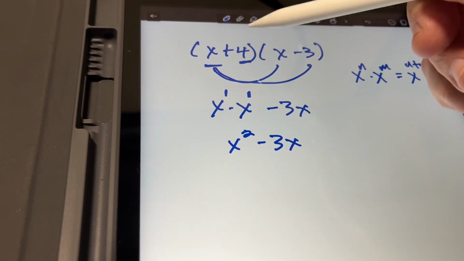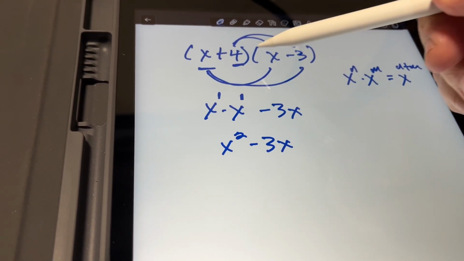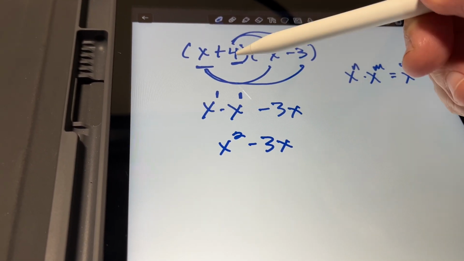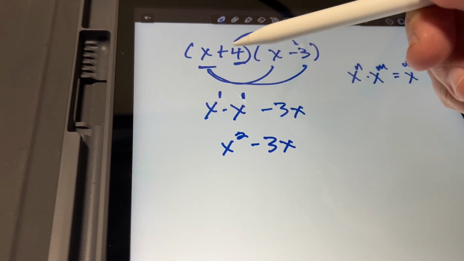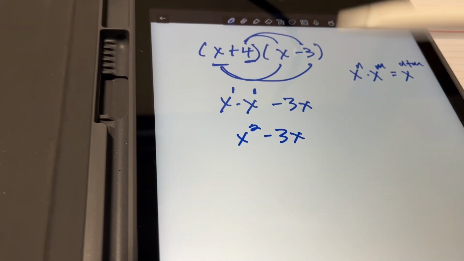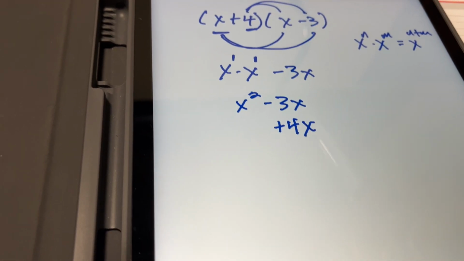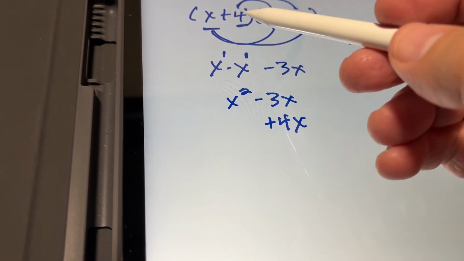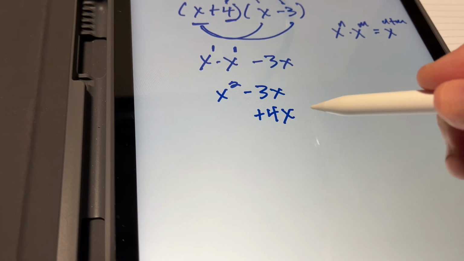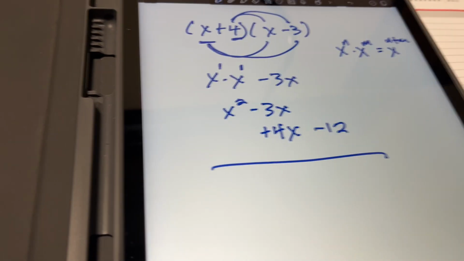Now we're going to take this and multiply it using the distributive property, or the distributive law, if you will. So 4 times x is 4x, and I'm going to put that right here just because they're like terms. I'm going to be adding those together later. And 4 times -3 is -12.